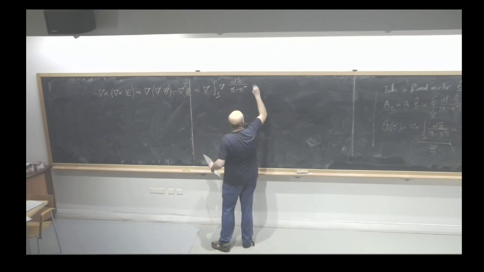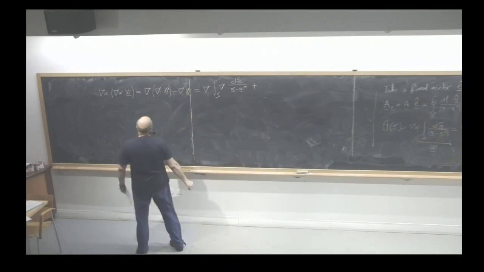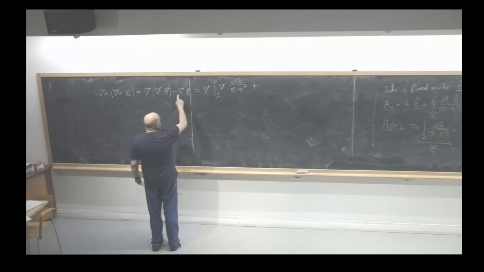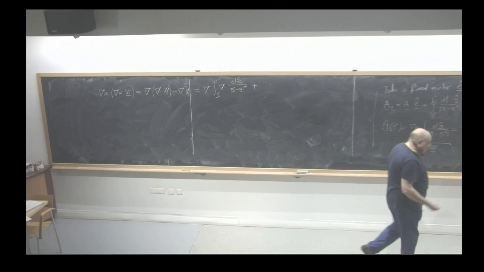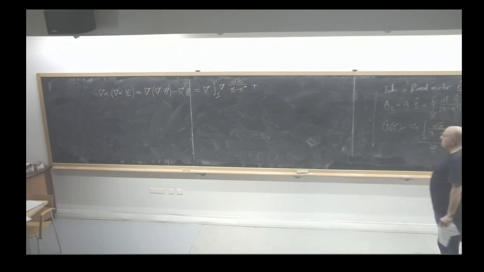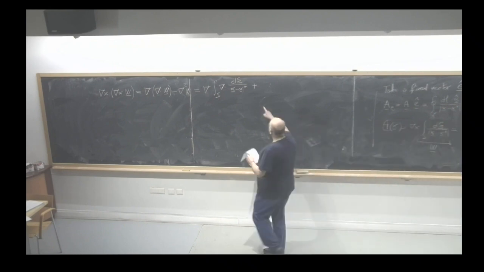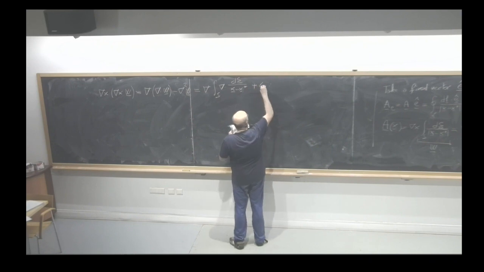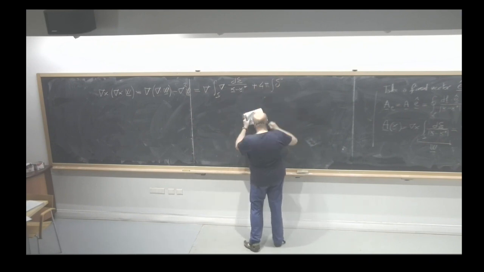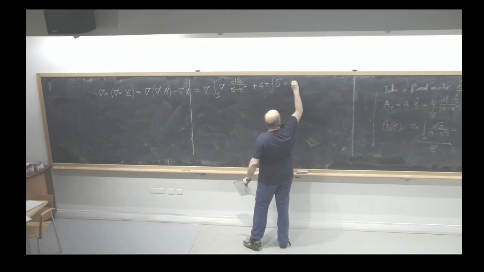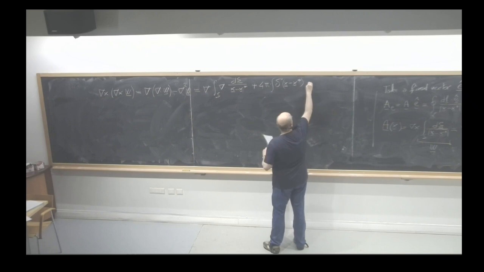Then we have to consider this in terms of the fundamental solution to the Laplace equation. So here we will get a 4 pi integral of a Dirac delta of x minus x star in dS.